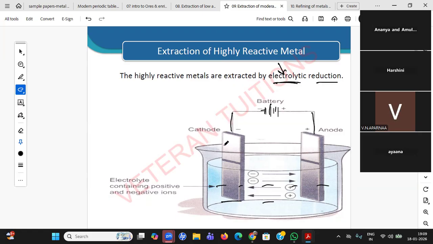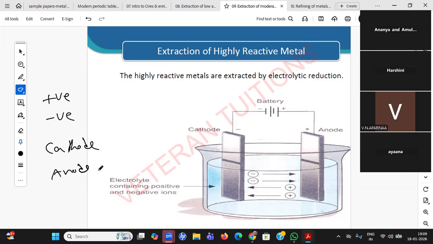Before the topic discussion, I need to mention what are cations, anions, cathode, and anode. What is positive, students, cation or anion? Positive is cation. Negative, obviously, is the opposite. Cathode, what should be its charge? It is negative.